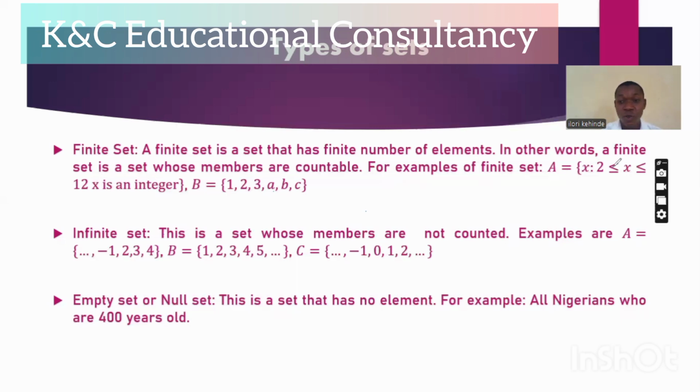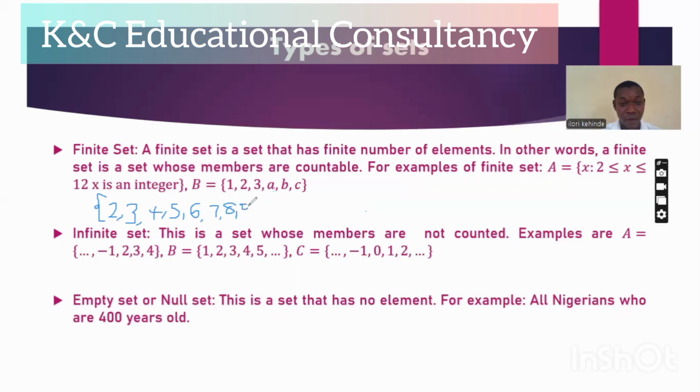When you want to list the elements of this set, we are going to have something like 2, because don't forget that 2 is inclusive, since x is greater than or equal to 2. We start from 2, then 3, because it's an integer, followed by 4, 5, 6. That's set A now, 7, 8.